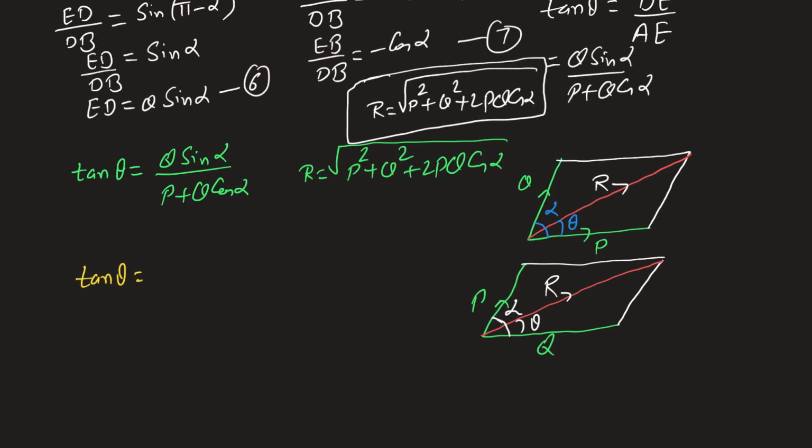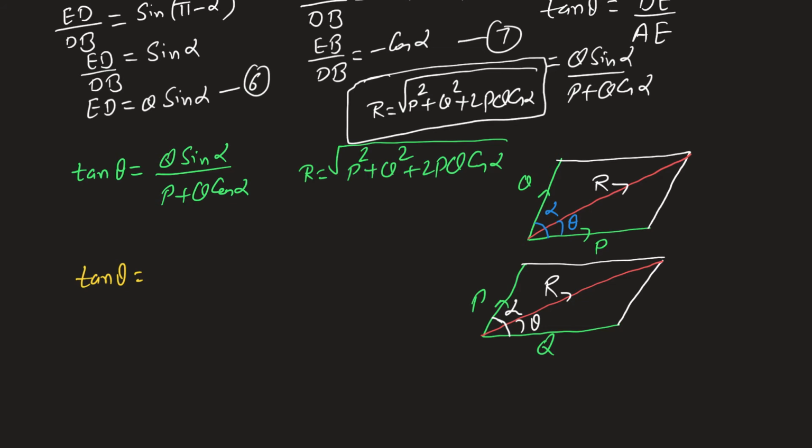Now, the formula to remember: the force with which it is making the angle theta, it is making angle with Q now. So the other force is P. In the earlier case, it was making angle with P, and the other force was Q. So here it is Q sin alpha plus the primary force with which it is making angle, it was P, and the other force cos alpha.